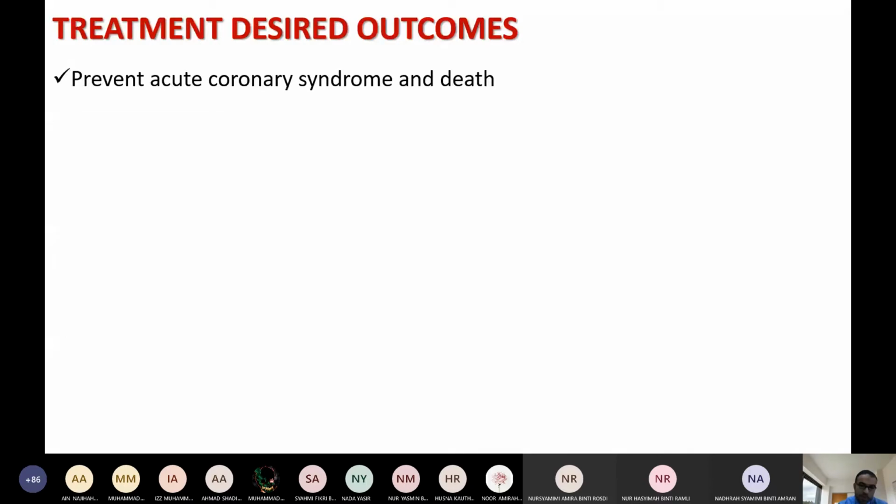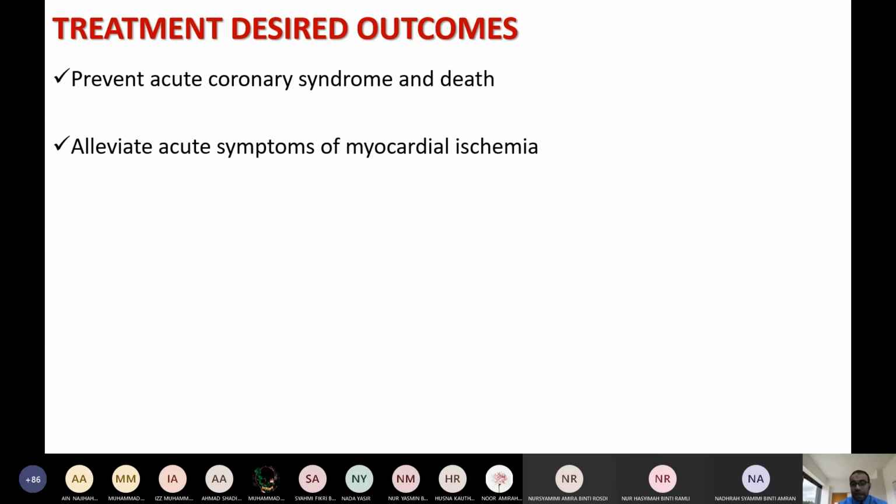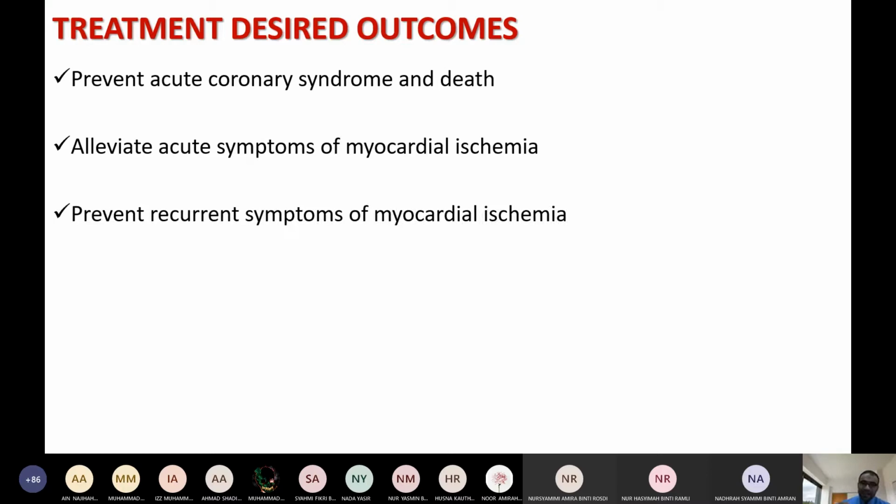Of course, this is our most important outcome to be achieved. Alleviate acute symptoms of myocardial ischemia, of course. The symptomatic management of ischemia is very important. Prevent recurrent symptoms of myocardial ischemia, also very important, because this impacts the quality of life, how the patient can survive with the condition, which is very relevant.